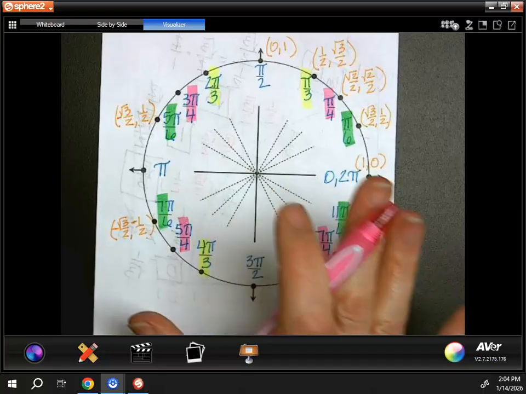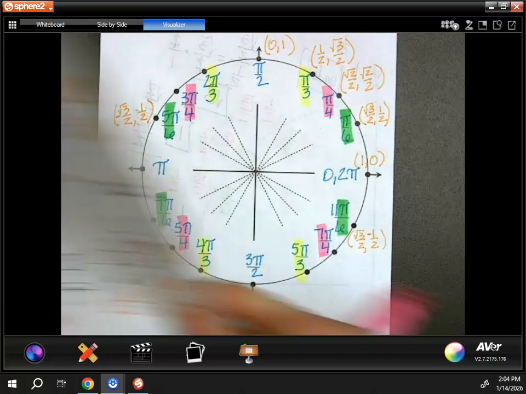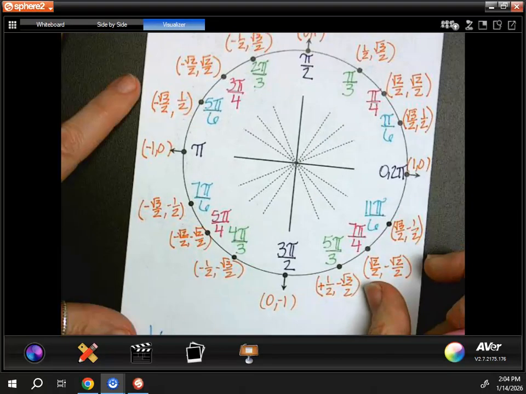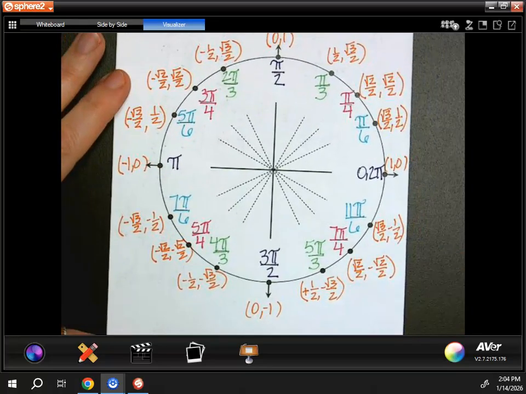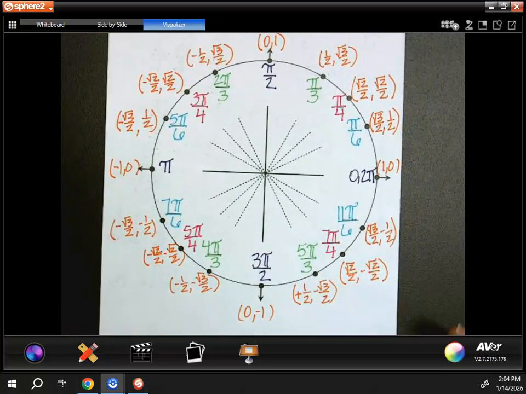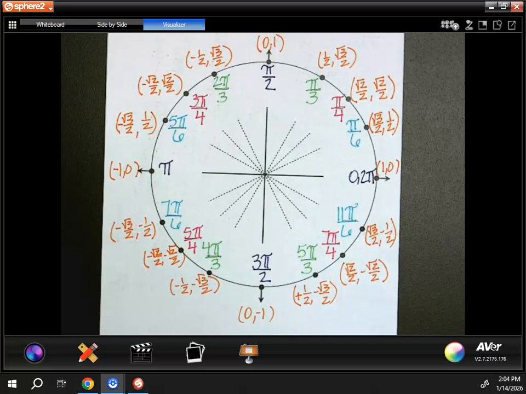All right, so then hopefully you have all of your ordered pairs written down. This is what it should look like when you are done, right? So we know that in the second quadrant, all our x values are negative because that's what we've known about the second quadrant for a long, long time, right? Third quadrant, they're both negative. And then fourth quadrant, we have positive x, negative y, right?